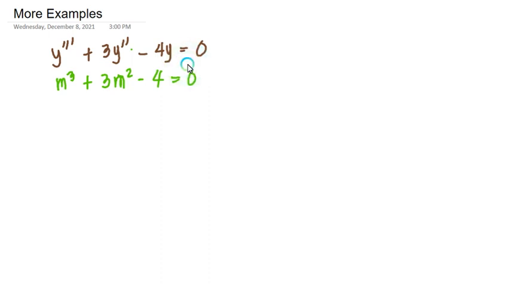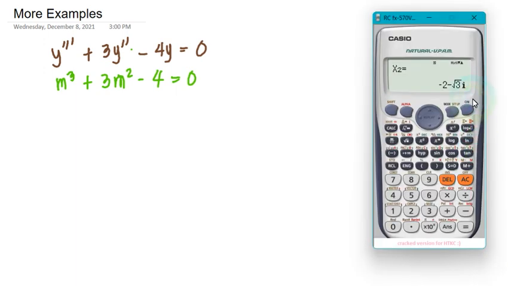Whether it is through your calculator or synthetic division, either works. Let's try using the calculator, mode equation, then cubic.